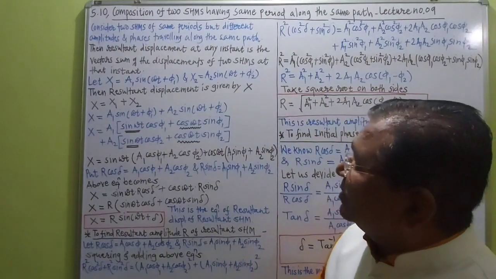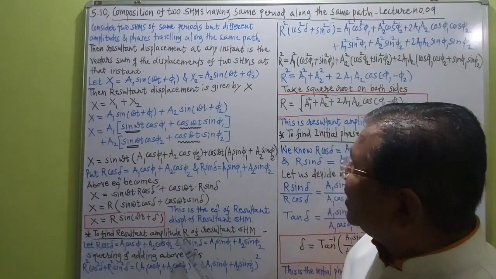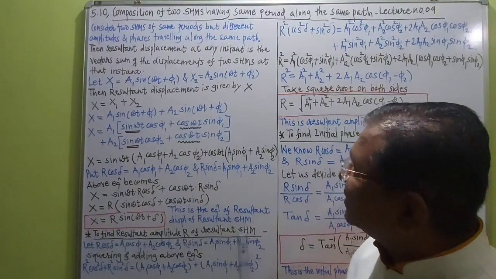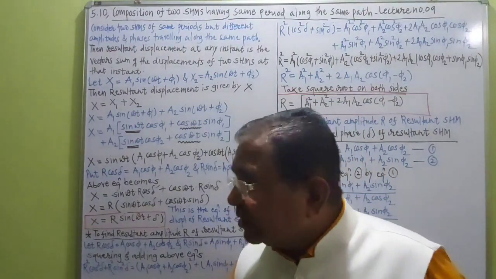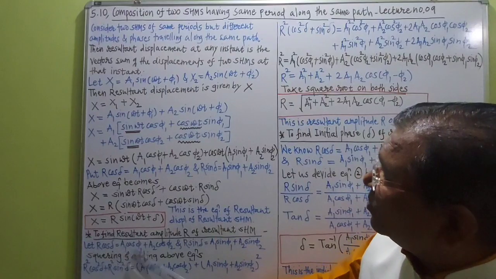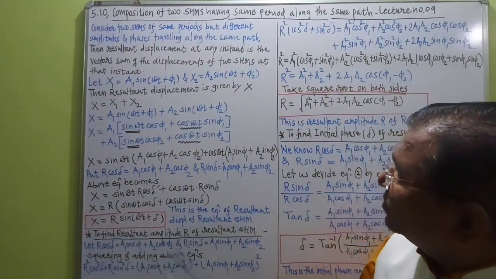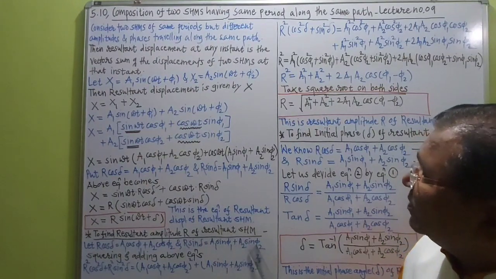Then the next is to find the resultant amplitude capital R of the resultant SHM. How can we find the resultant amplitude? We know R cos delta is equal to A1 cos phi 1 plus A2 cos phi 2, and R sin delta is equal to A1 sin phi 1 plus A2 sin phi 2.